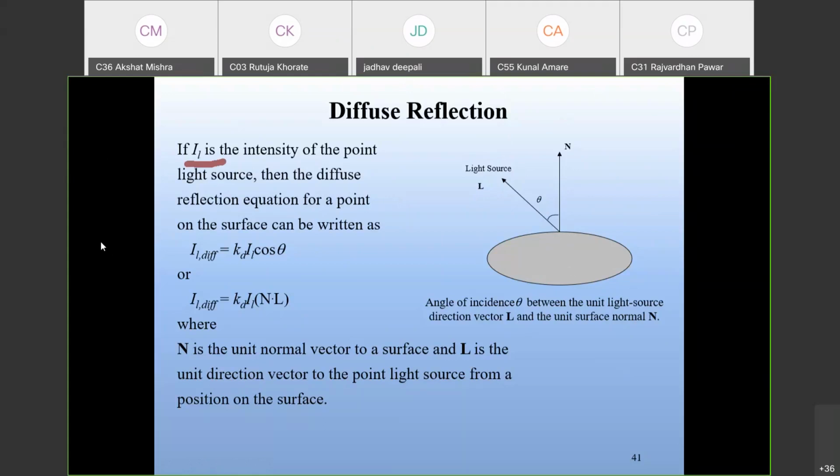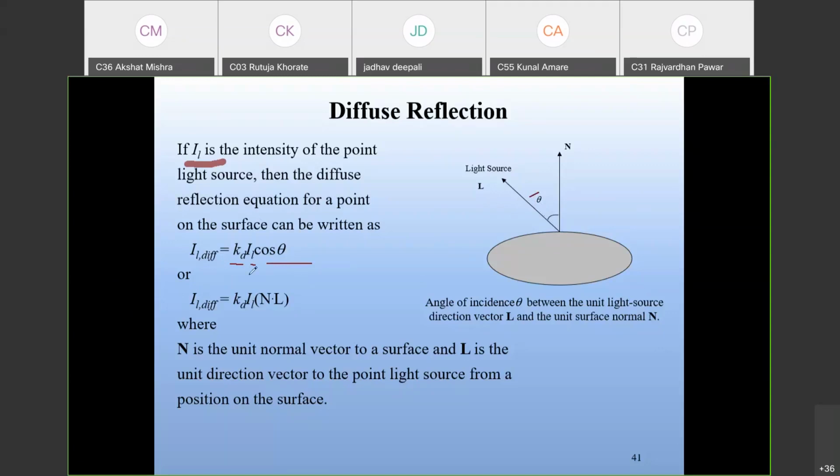But here IL is the intensity of the point light source. It is different. I diffuse, meaning scattered in all directions, is equal to Kd, the diffuse coefficient, multiplied by IL, the intensity of this light source, multiplied by cos theta.